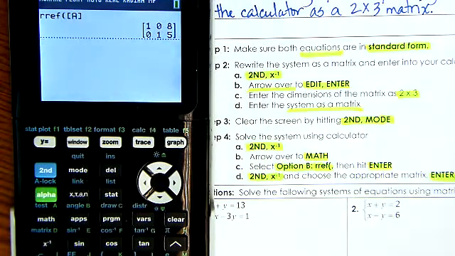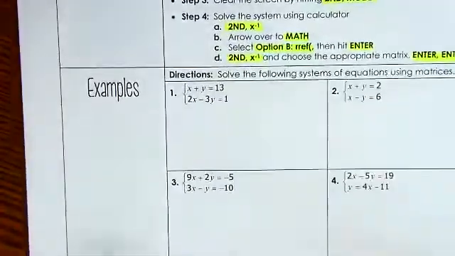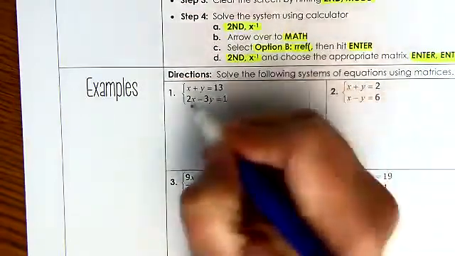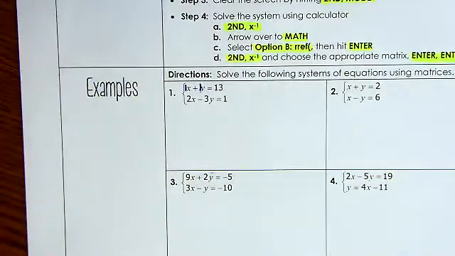Let's go through the motions again with the actual system. Okay. Looking at number 1. When I'm looking at this right here, I need to know what are all the coefficients. This is a 1. The coefficient in front of the x is a 1. The coefficient in front of the y is a 1.